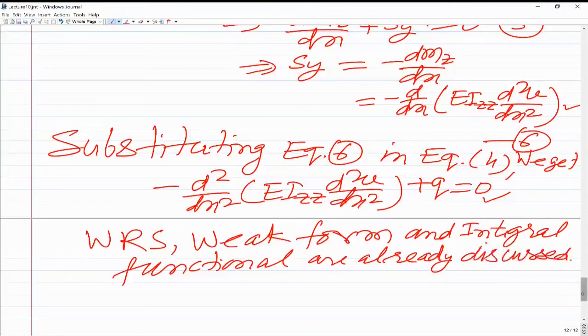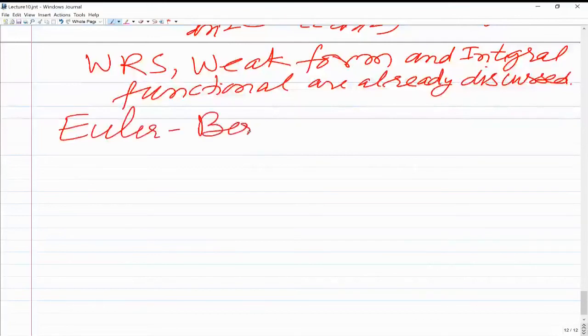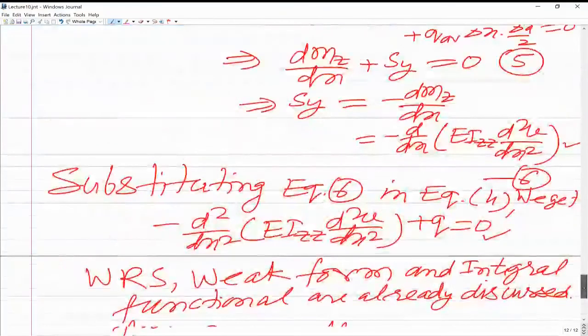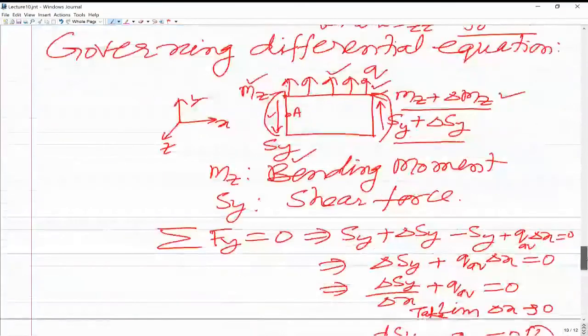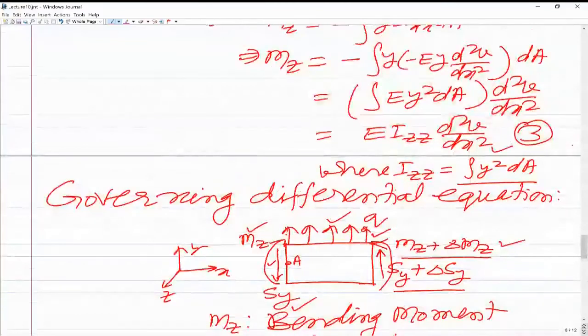Now with this background theory of the Euler-Bernoulli beam, let us move on to the Euler-Bernoulli beam finite element. If you recall, you would have done the deflection of beams, and in the deflection of beams you might have used equation number 3, writing down the expression for bending moment in terms of applied forces, then integrating this twice, finding the constants of integration through the boundary conditions, and then finding the deflection.